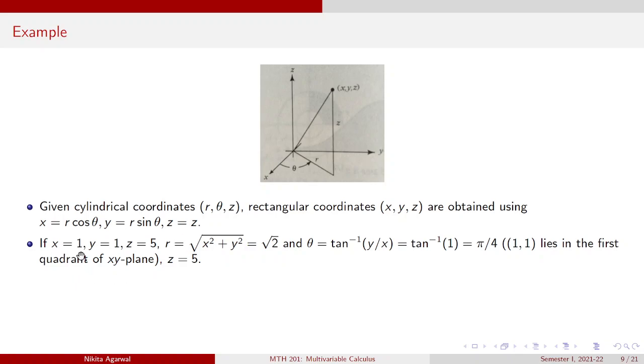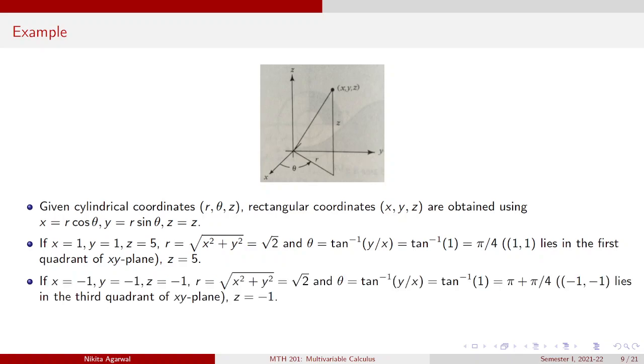If x is 1, y is 1 and z is 5, then of course r is this, theta is this, and which is pi by 4 because 1 1 lies in the first quadrant. I have just transported the same example that we did in polar by taking some value of z. So it has no implication to r and theta because they are solely in terms of x and y. Z has no role to play.